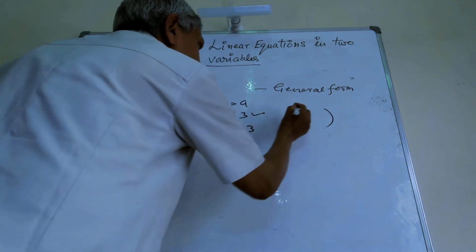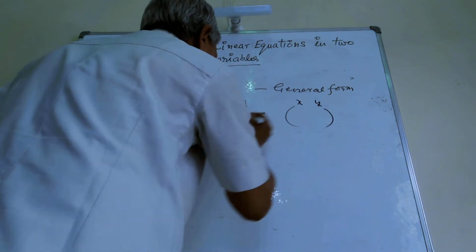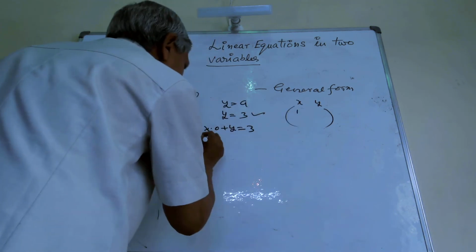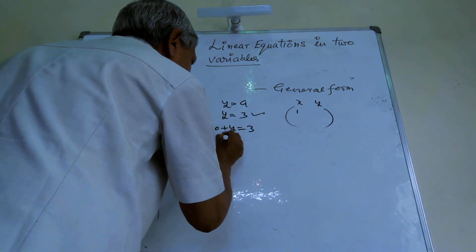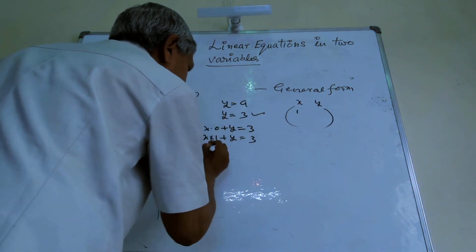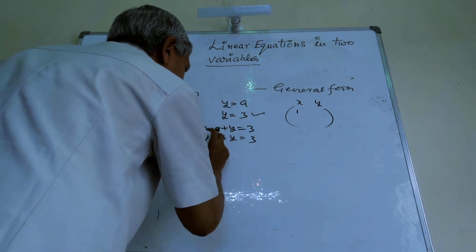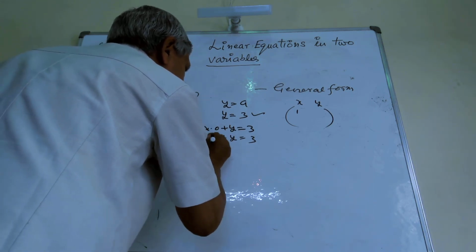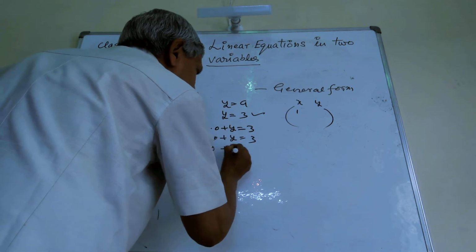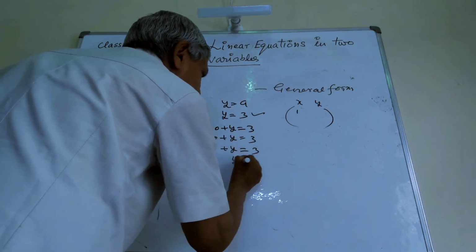Here x and y. Put x is equal to 1: 0 into 1 plus y is equal to 3, so y is equal to 3.